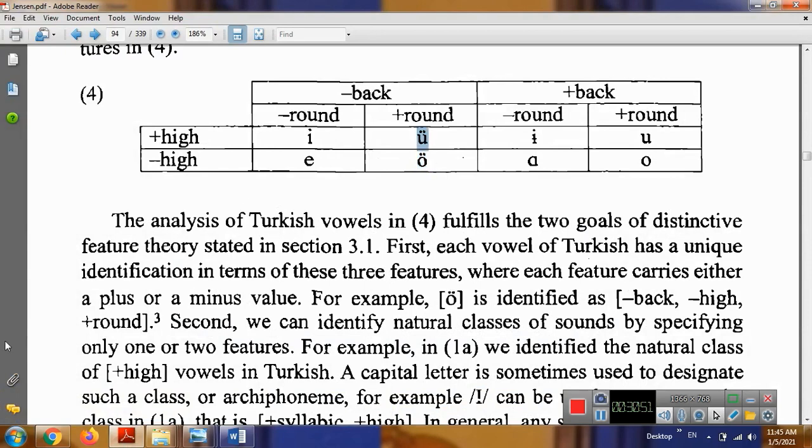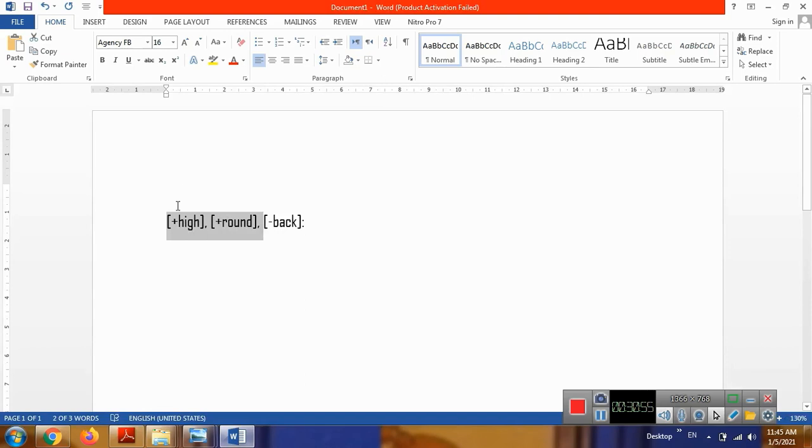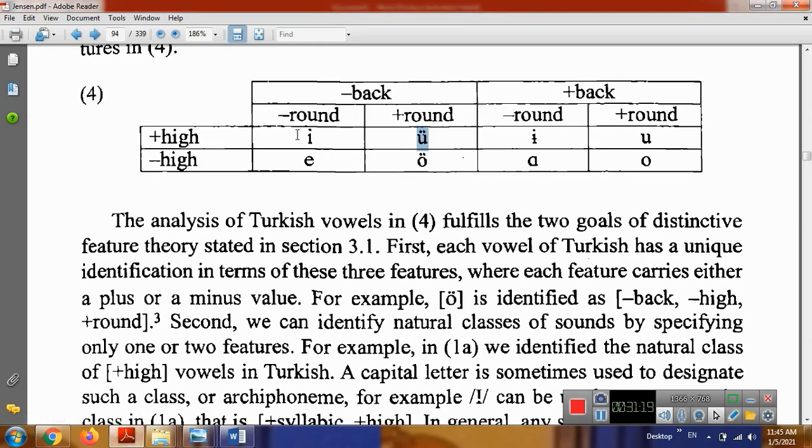Okay, therefore that vowel was U. But I want you to practice these features and learn them, because it is very, very important. I want to change, for example, this item to plus. Which vowel is plus high, plus round, plus back?